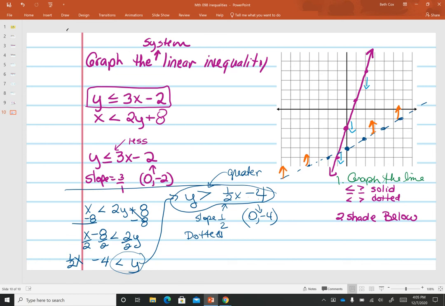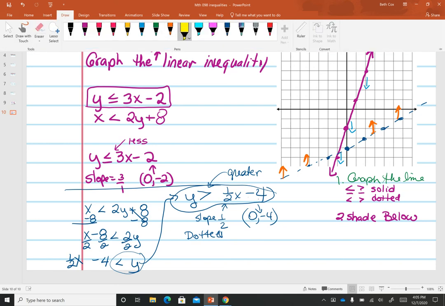Now, a system means we have to have the shared section. We did the shared part, remember? We did the systems, where the two lines cross, or the point that they shared. Well, in a system, we're looking for the shared section. And if you'll notice, there's only one section that has both arrows.